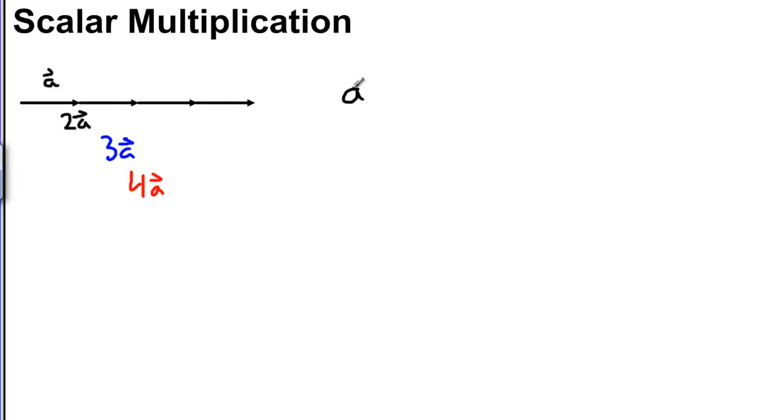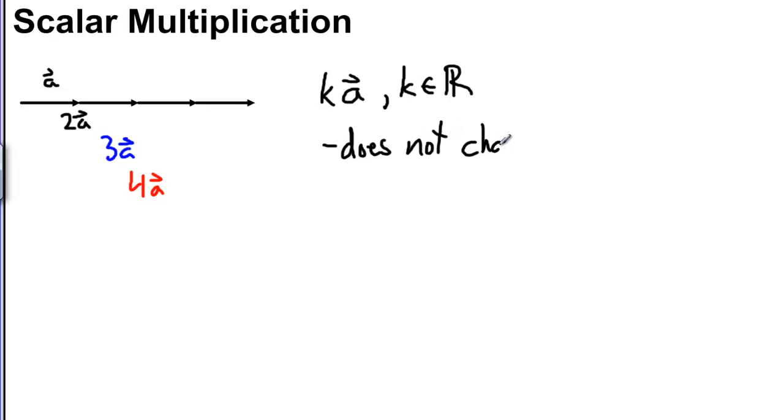If I take a vector A and multiply it by some k, where k is an element of the real numbers, it does not change direction. All it does is change the magnitude. The magnitude is k times the magnitude of A.